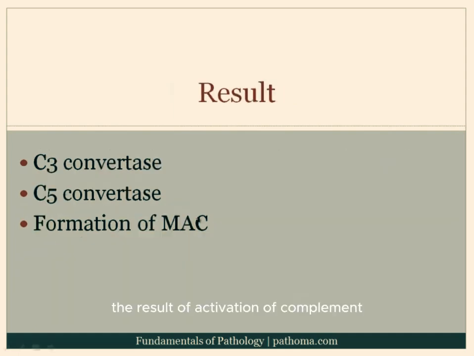The result of activation of complement is a little bit complicated, but can be summarized in a very few simple principles. All pathways lead to the same result, which is that eventually C3 convertase gets generated. C3 convertase converts C3 to C3a and C3b, and then C3b helps to produce C5 convertase, and C5 convertase converts C5 to C5a and C5b.